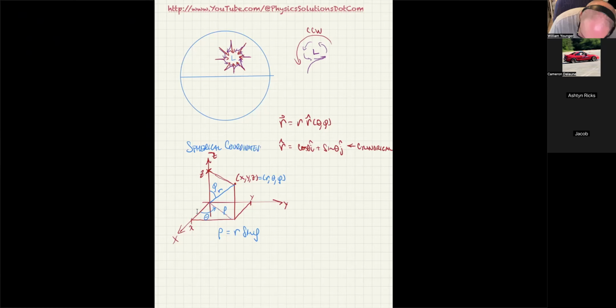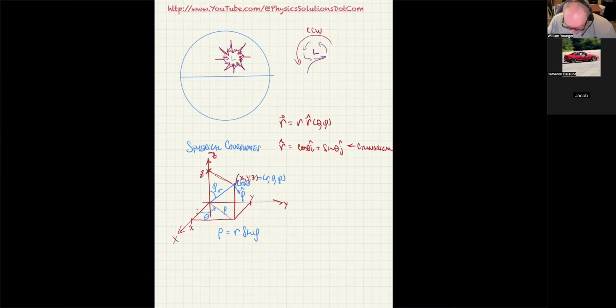So if you take the time to compute what the little r hat vector would be, as well as the little phi hat vector, as well as the basically xy plane theta hat vector, you could work those out. But the r hat really is the main thing, and you would say r is equal to r times r hat for this case.